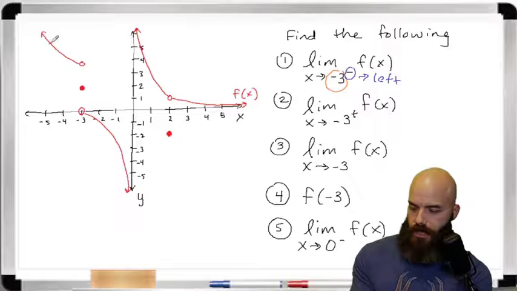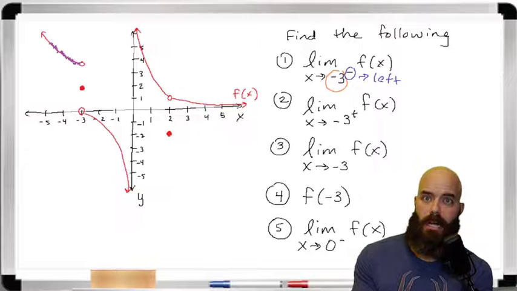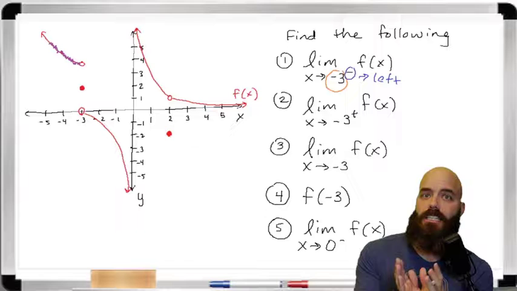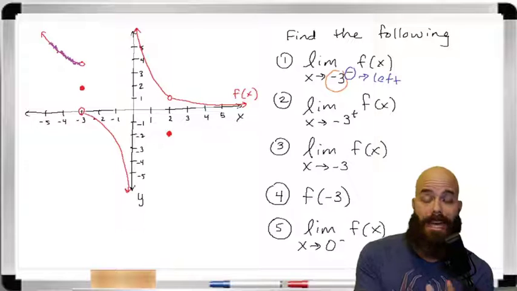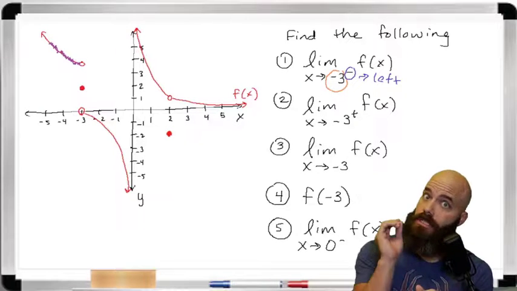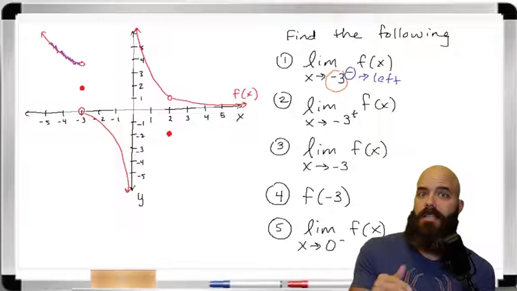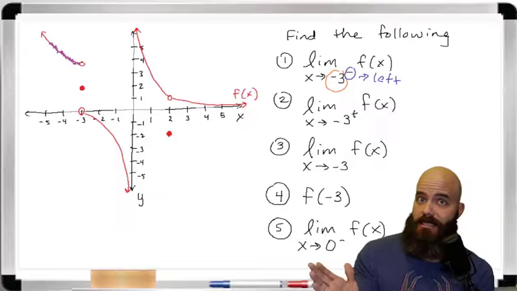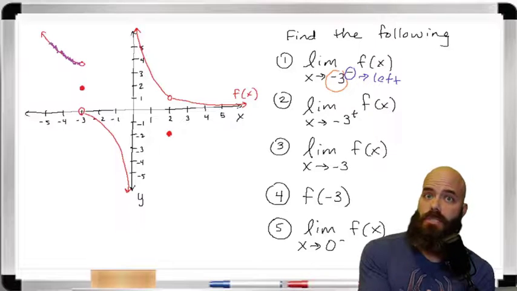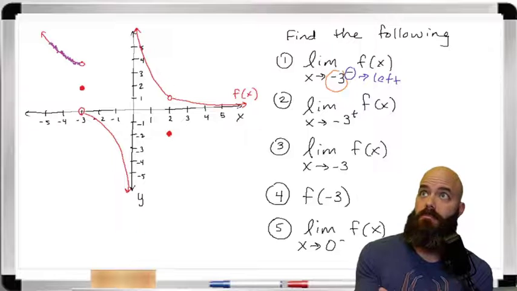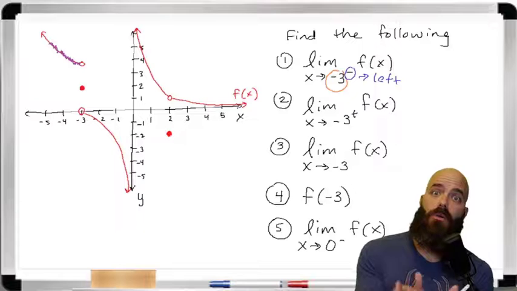So I'm going to start on the left side of -3 and trace along my red curve until I get as close to -3 as possible. Now notice what I'm saying: as close to -3 as possible. That doesn't mean I'm going to touch -3. That means I'm getting as close as possible. So think of values that are less than -3 but very close to -3, such as -3.001 or -3.0001 or -3.00001.